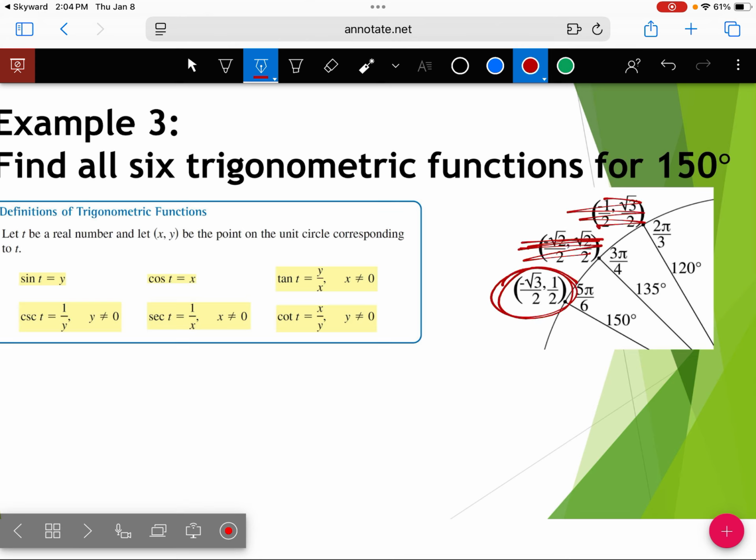So I'll give you a couple minutes to find all 6. See how many you can get in 5 minutes.